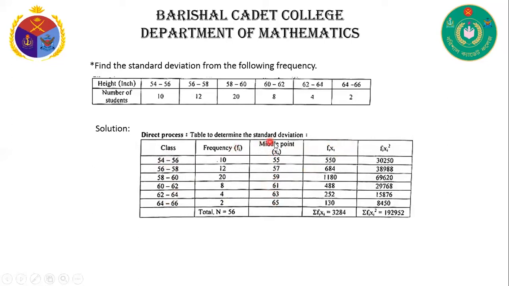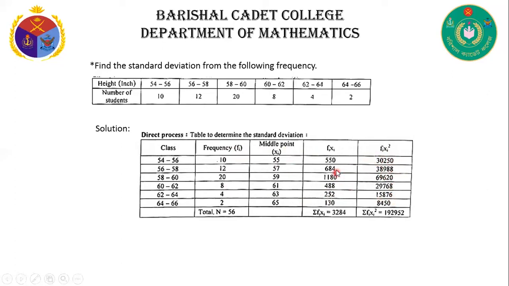Now multiplying fixi, that means the two data are multiplied: 55 into 10, that means 550, and 12 into 57, that means 684. In the same way for the rest of the data. Now fixi squared: 55 squared into 10, also 57 squared into 12, and so on for the given data.